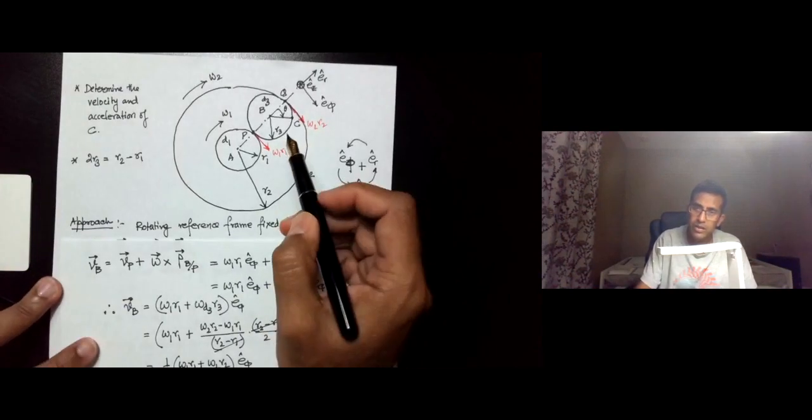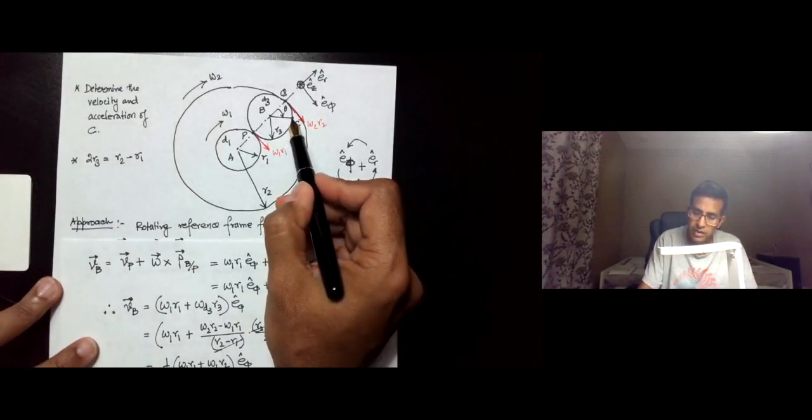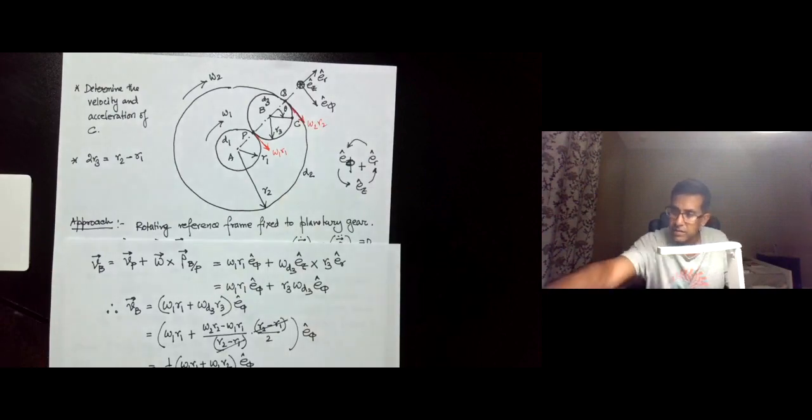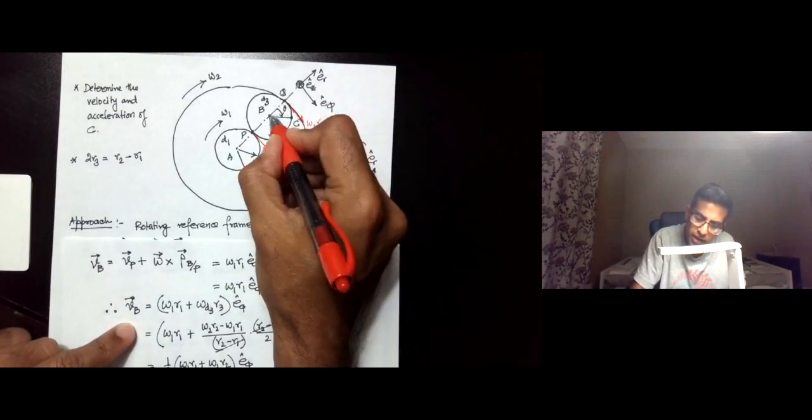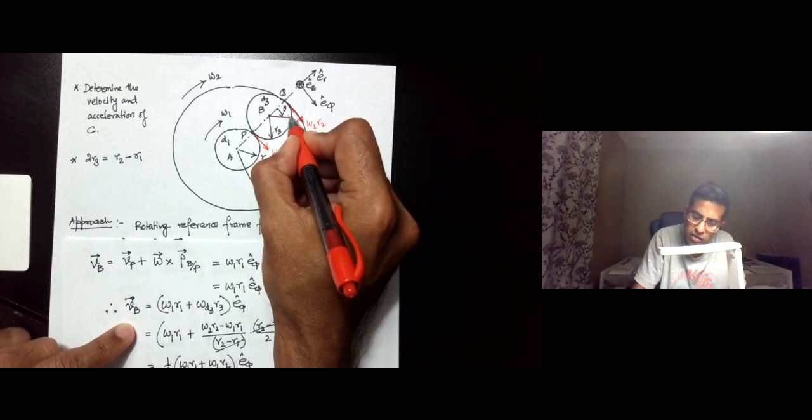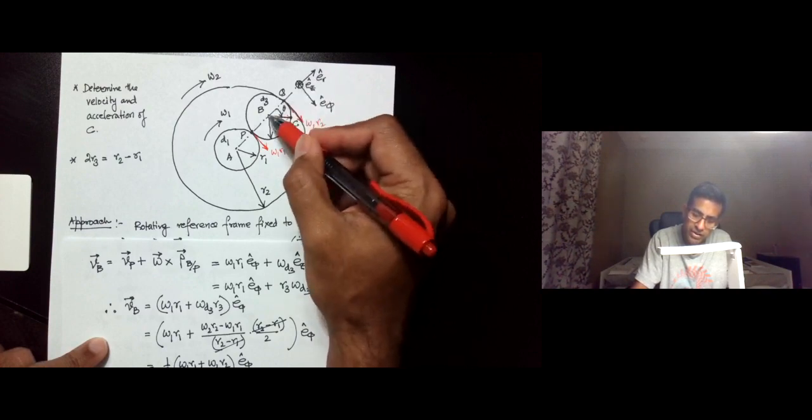Now let's go back to this diagram. Note that C with respect to B is the vector going from B towards C. So this is a distance r3, and r3 cosine theta is the component in the ER direction, r3 sine theta is the component in the E phi direction.